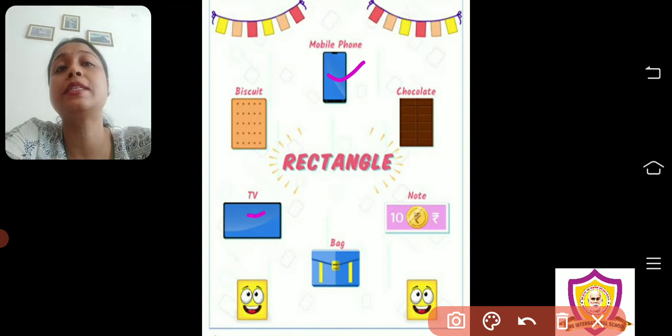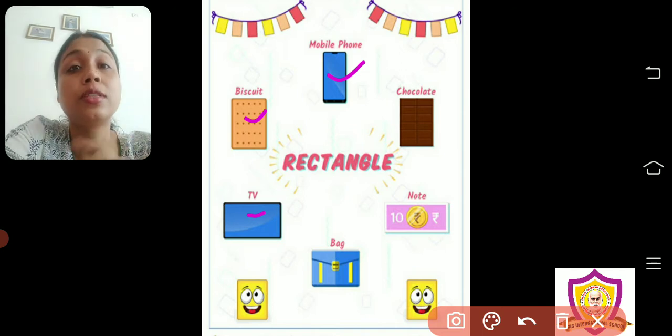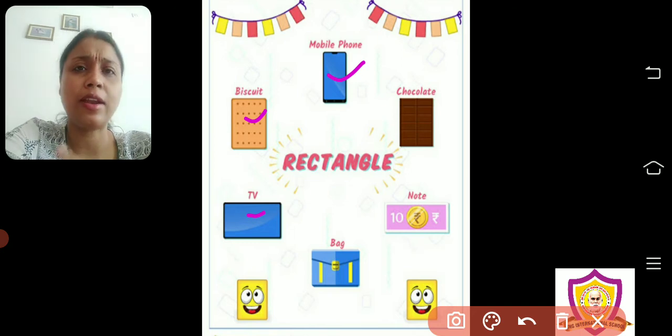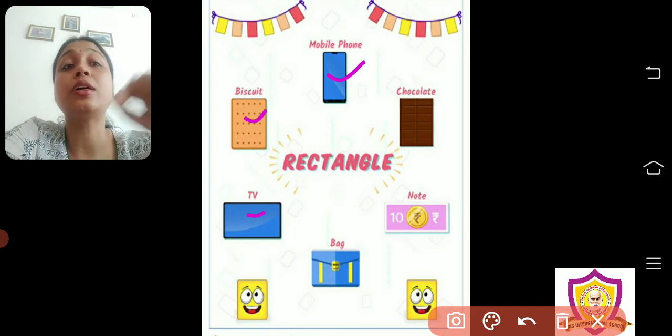Now come to biscuit. Yes, you will say, ma'am, some biscuits are round, circle. Yes, but some biscuits are rectangle shapes. Now, whenever mama gives you a biscuit, first check what is the shape. Is it square, rectangle or other shapes? Okay. Now come to money.